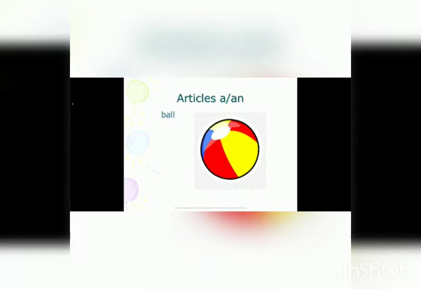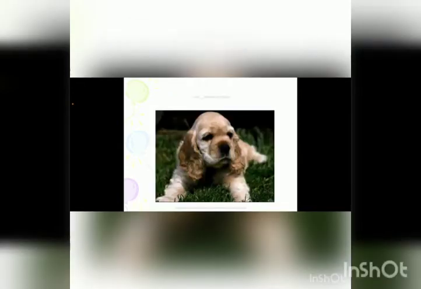So we are going to use article a before it and we'll say a ball. Let us take another example. I saw dash dog near my house. Here the word dog begins with a consonant sound d. So we're going to use article a and say I saw a dog near my house.